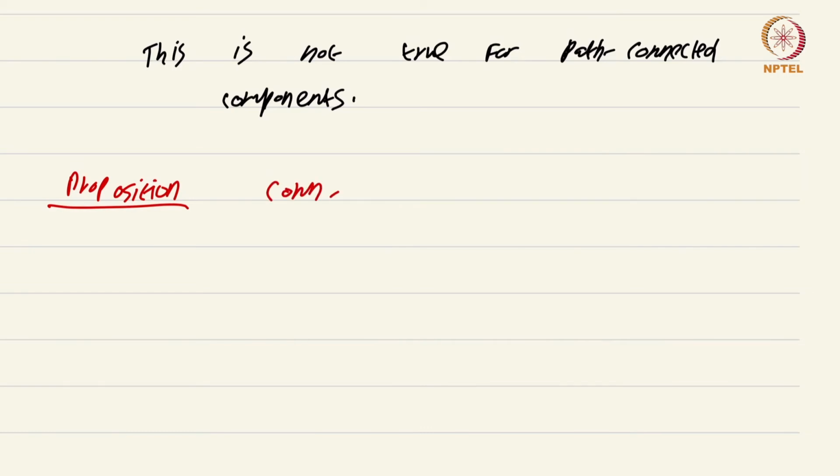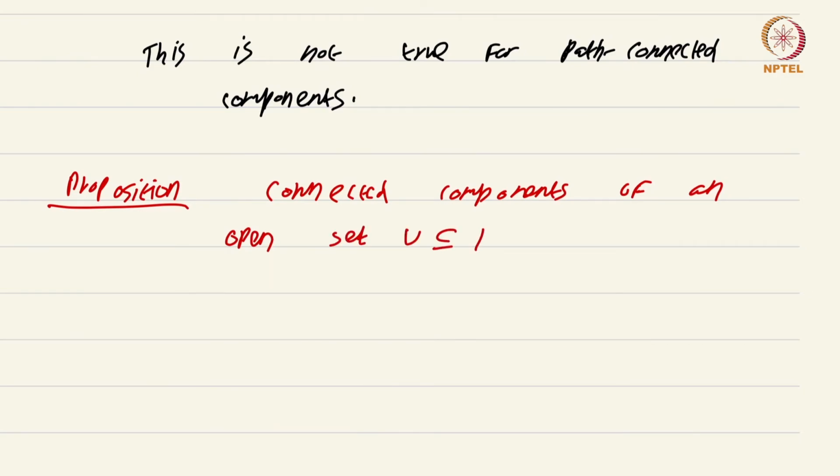Connected components of an open set U in Rn are open. Okay, proof, and again the proof is rather easy.